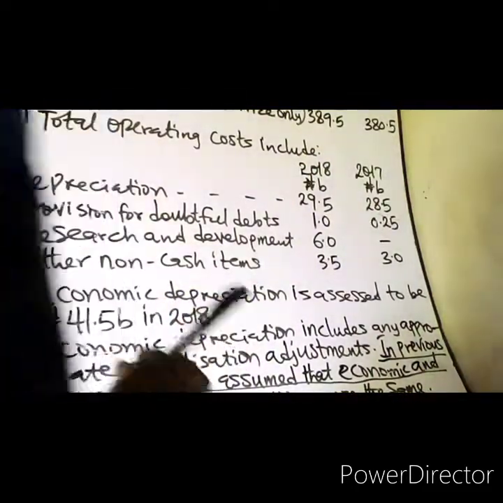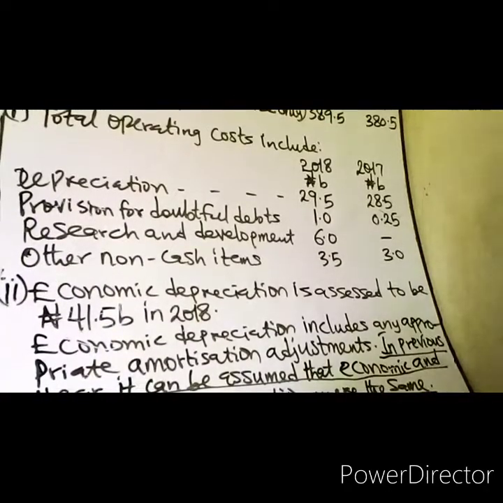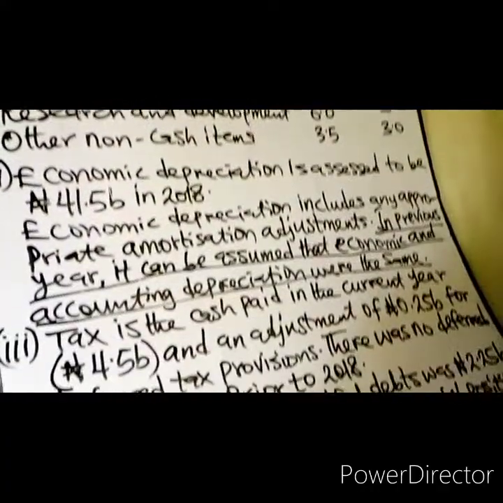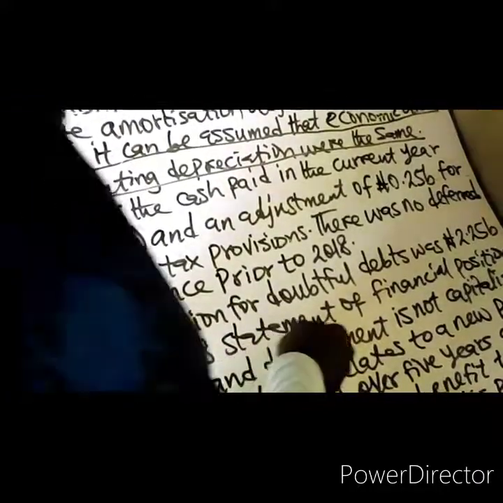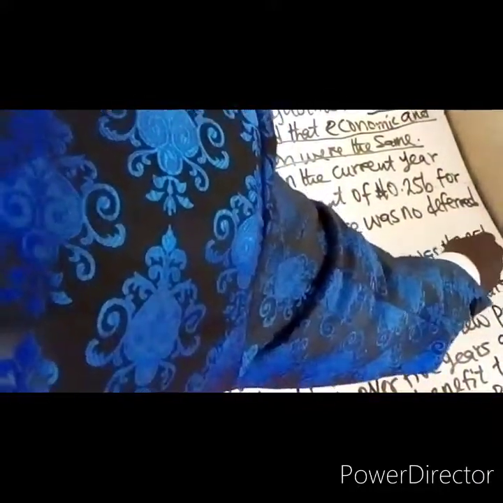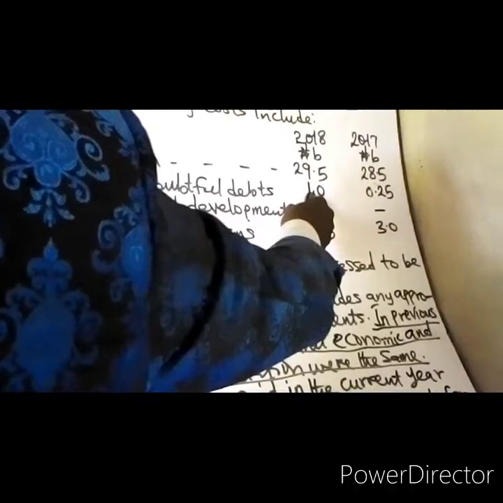Now, I think you were given provision for bad debts in note 4. The provision for doubtful debts was 2.25 billion on the 2018 statement of financial position. This is what was used in the 2018 statement of financial position, and this is what was charged as an expense in 2018.